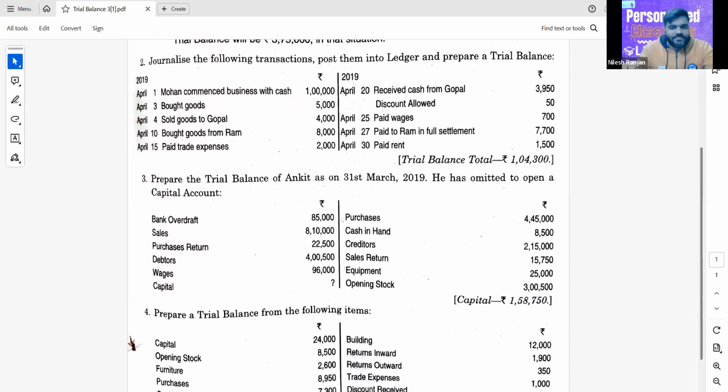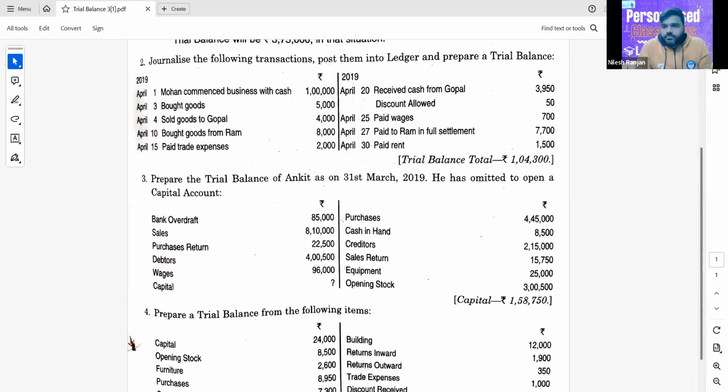Why are we writing allowed, sir? Because we are giving discount. Actually, there are two types of discount. One, we will receive, and the other when we will give it. So if you don't write allowed and received, then it will be a confusion for us to understand when we have given the discount or when we have received the discount.